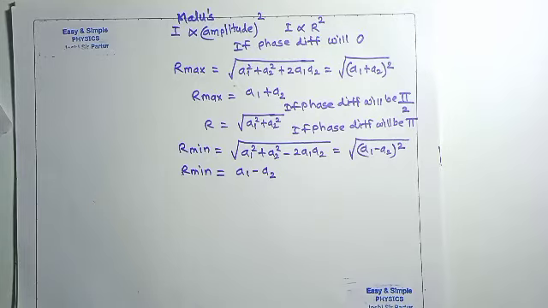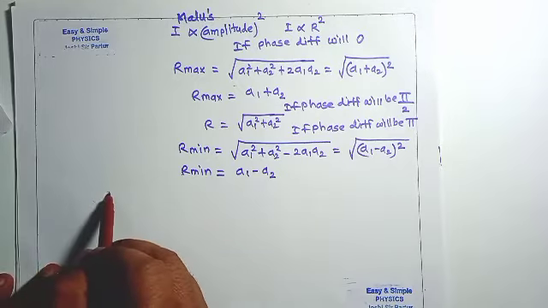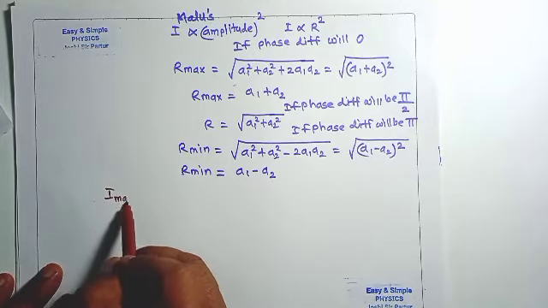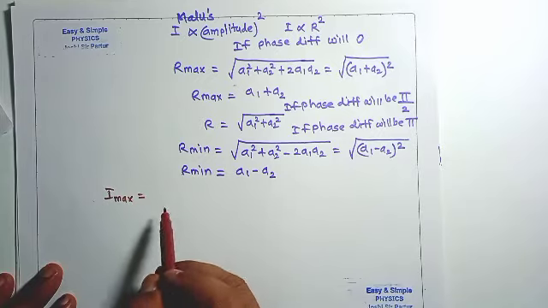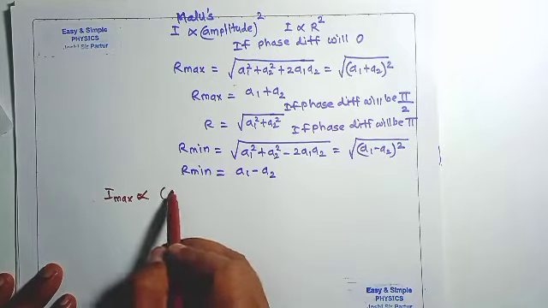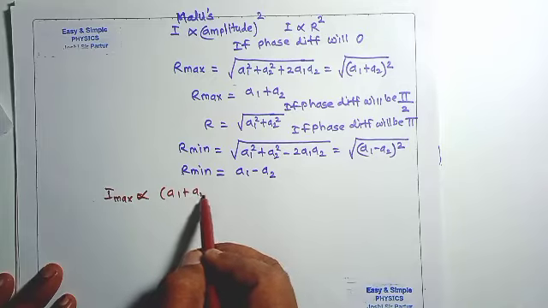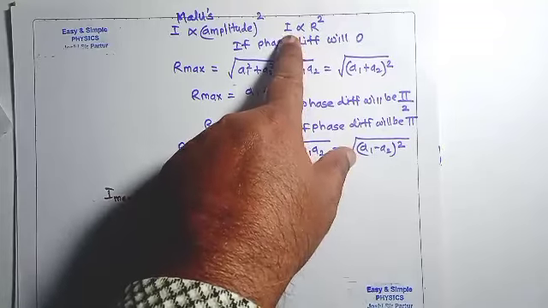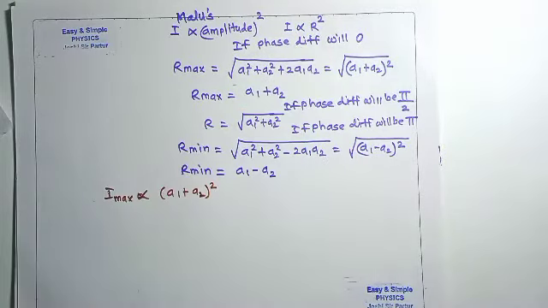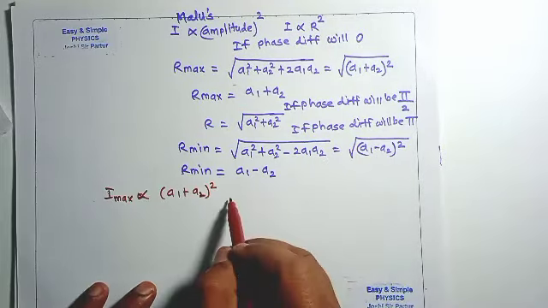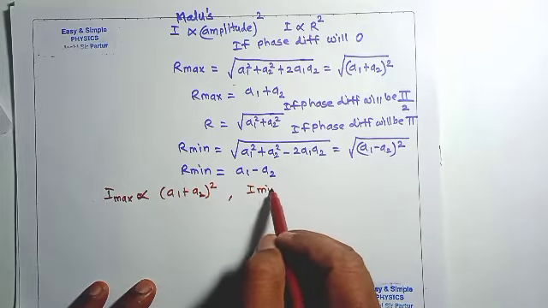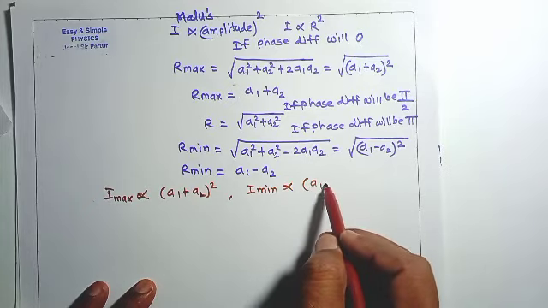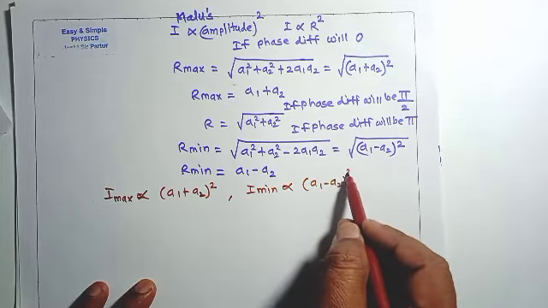According to Malus, if amplitude is maximum, intensity will be maximum. So maximum intensity is directly proportional to a1 plus a2 bracket square, because intensity is directly proportional to r square, and minimum intensity is directly proportional to a1 minus a2 bracket square.